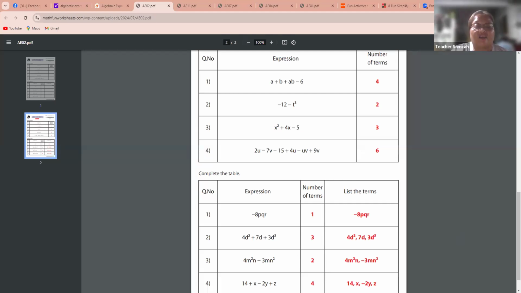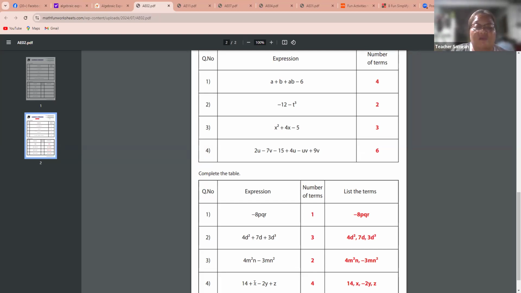As I said earlier, what separates an expression into terms is the basic operation. What do we call the basic operations? These are addition, subtraction, multiplication, and division.